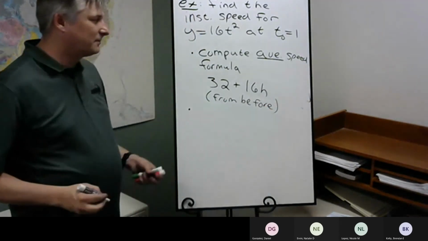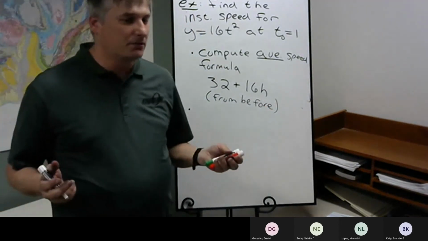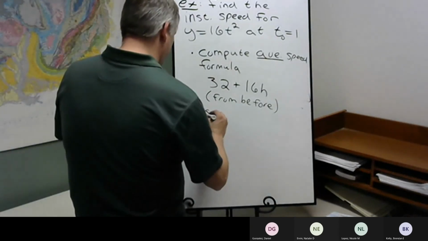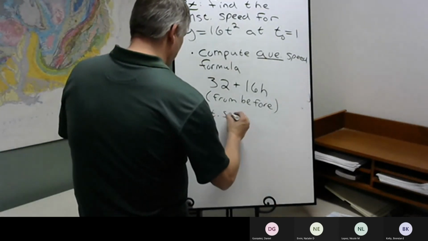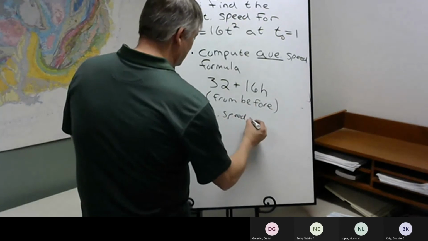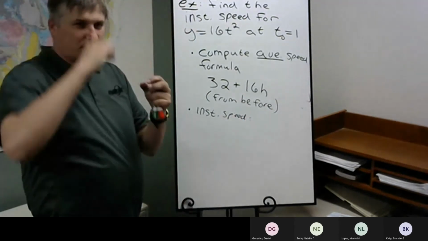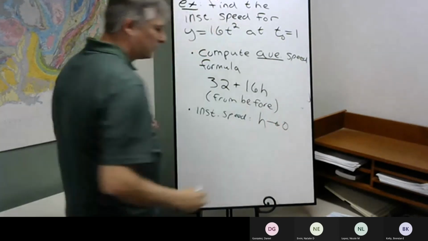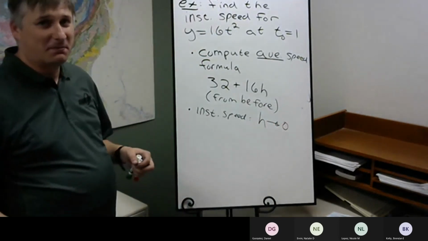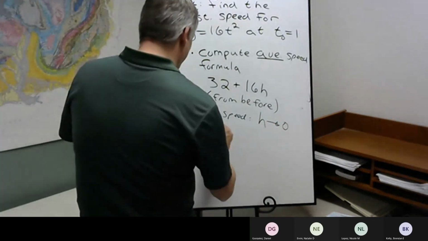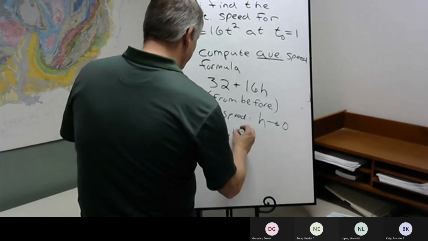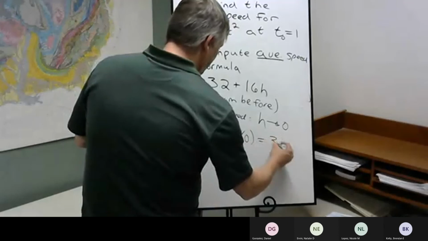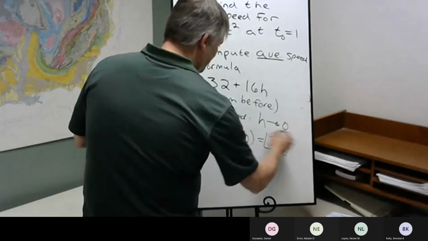Finally, this is the only thing we need to do. For the instantaneous speed, as Q gets closer to P, H goes to 0. So we get 32 plus 16 times 0, or 32.